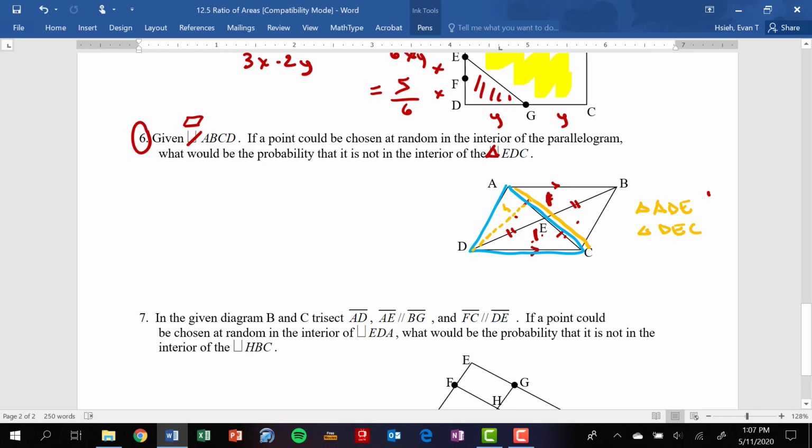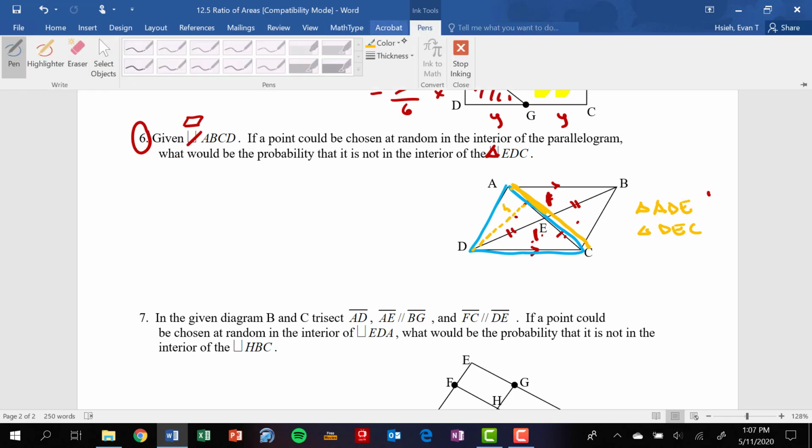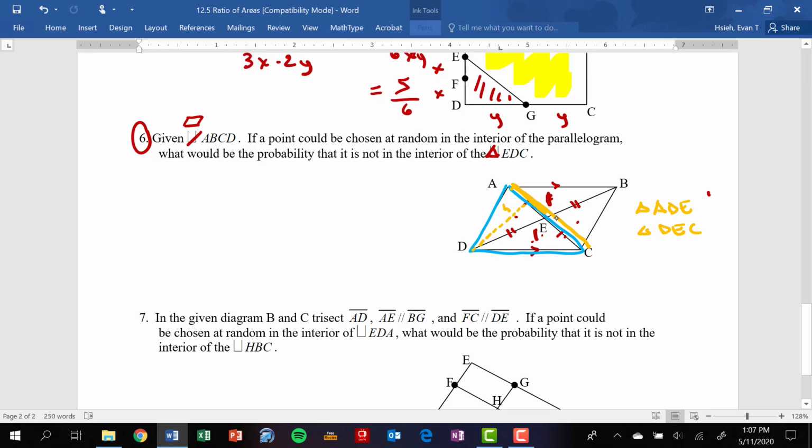And because the bases for this triangle, as well as for this triangle right here, are in a 1-to-1 ratio and the heights are the same, I know that these two areas are in a 1-to-1 ratio also.